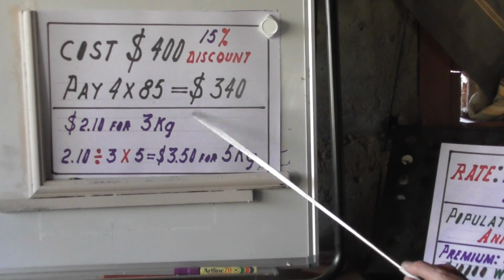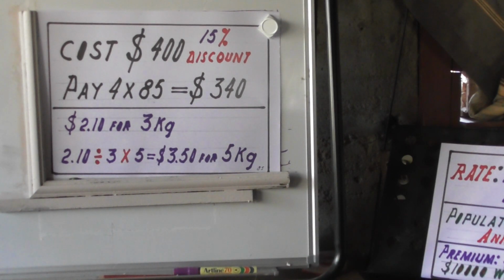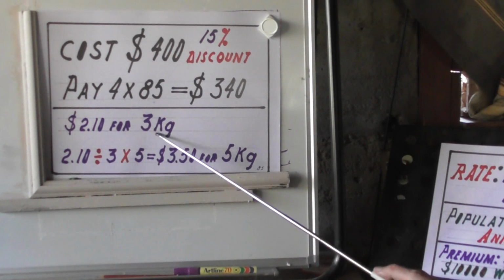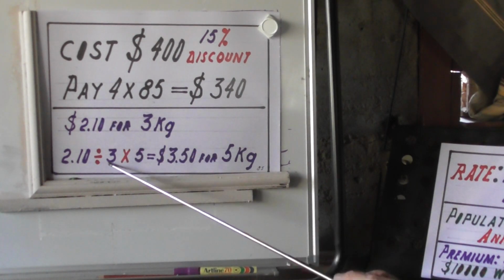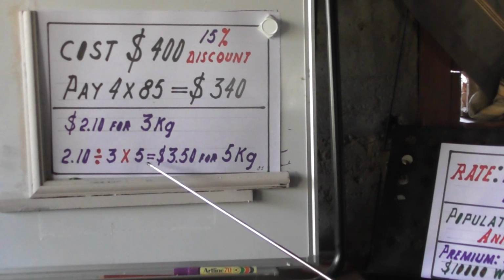$2.10 for 3 kilo. This is the unitary system. So if 3 kilo costs this, then 1 kilo costs this divided by 3, and then 5 kilo.